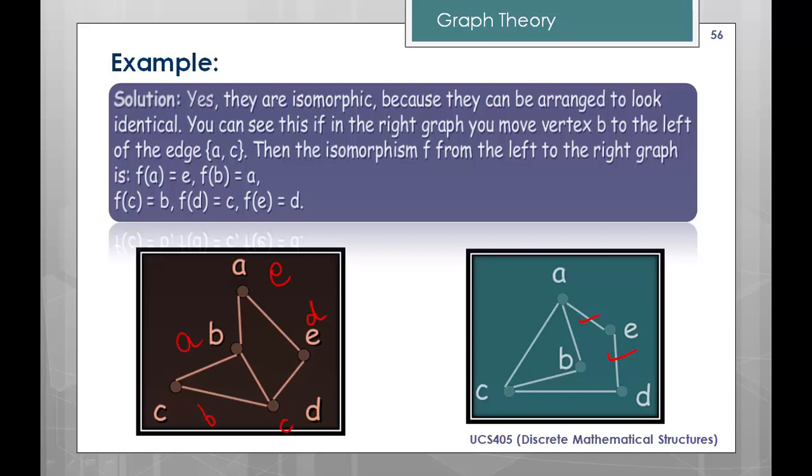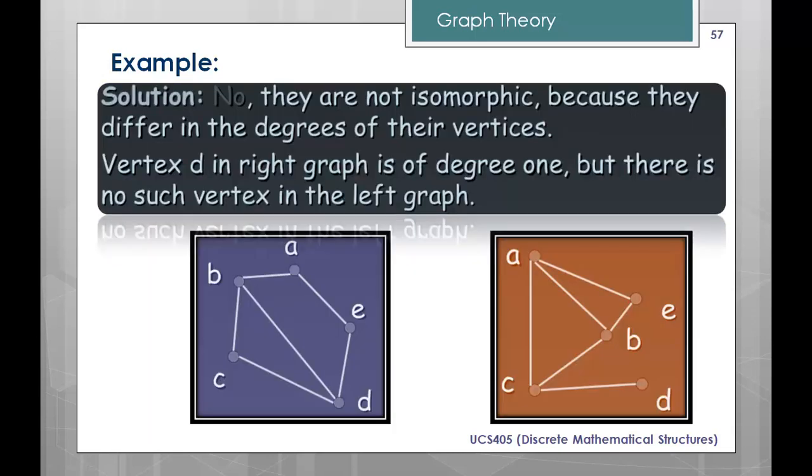The last and major condition is that you check the one-to-one and onto mapping. If the mapping is also correct, then only can you say yes, these graphs are isomorphic to each other.